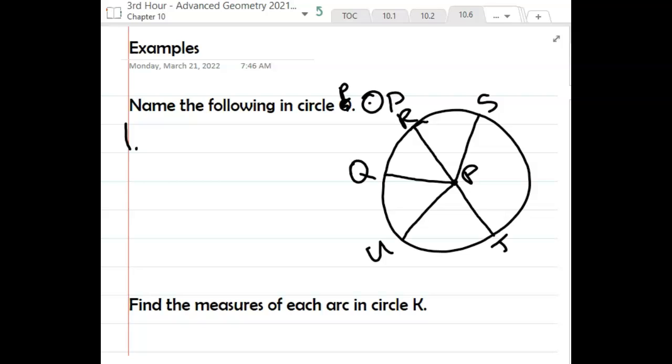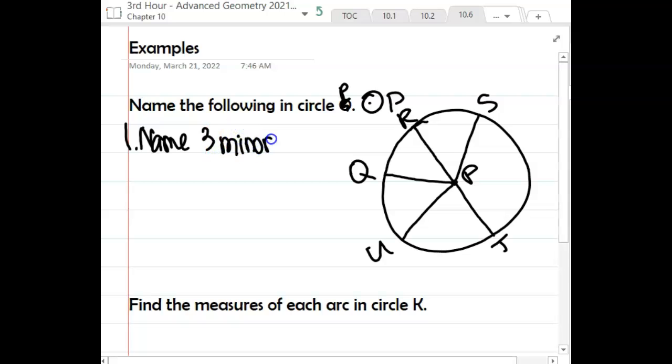But what I'm going to do is change the directions a little bit. I want you to name 3 minor arcs. You'll see as we start naming them how many there are, and then you can flip the letters and it's a new way to name things. So instead we're just going to name 3 minor arcs.